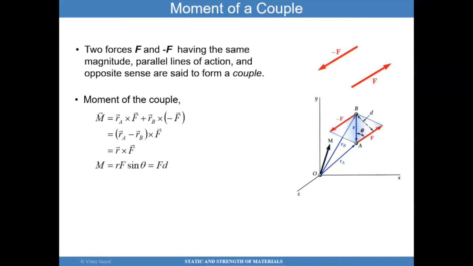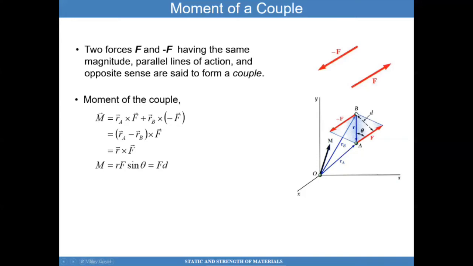So one way is to calculate the moment. Say I want to find the moment about O. The moment will be RA cross F, and then RB cross F for point B. So this is the position vector there.